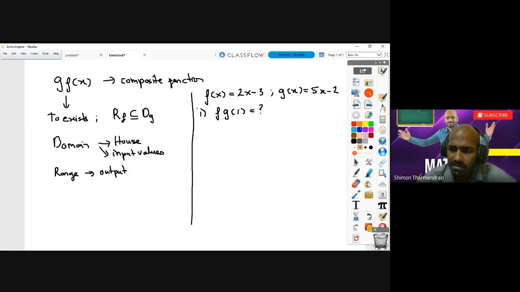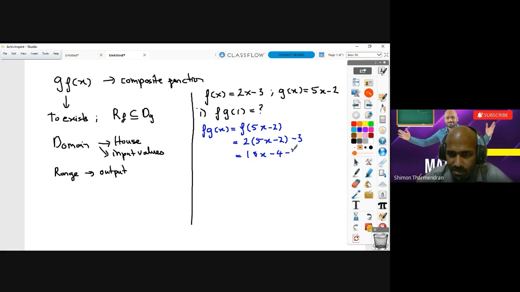So let's first look at what is fg of x. fg of x equals to f, and then I have g(x) is 5x minus 2. So this got to go into my f. I've got 2 input there, 5x minus 2, and then minus 3. So I take my g and put it into my f. So this gives us 10x minus 4 minus 3.